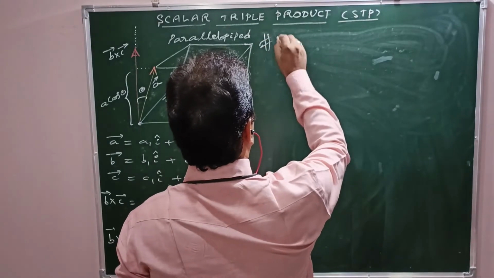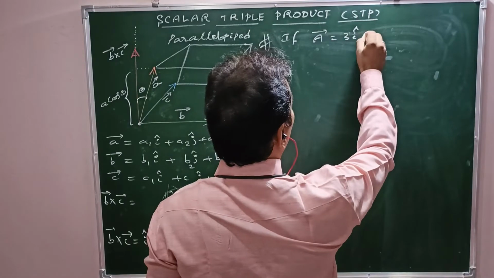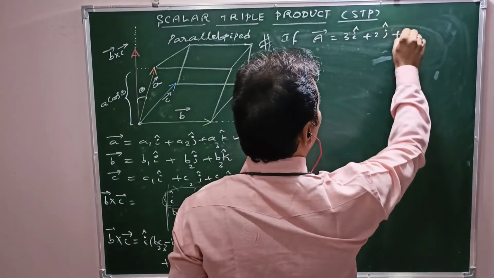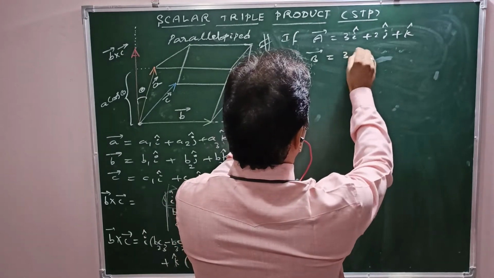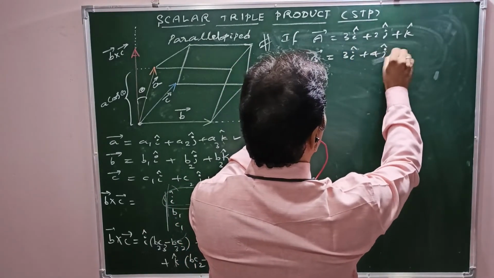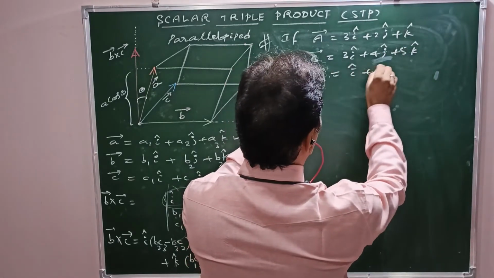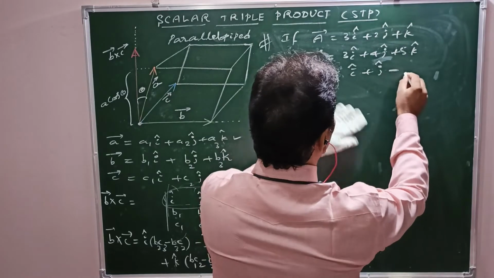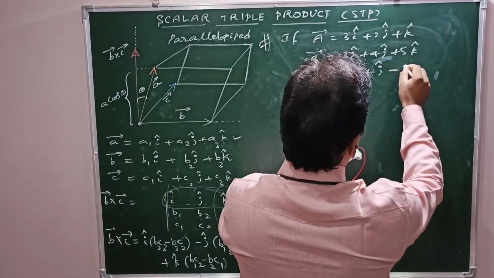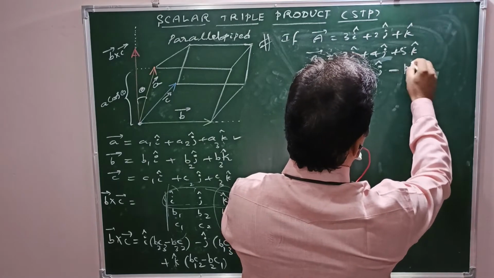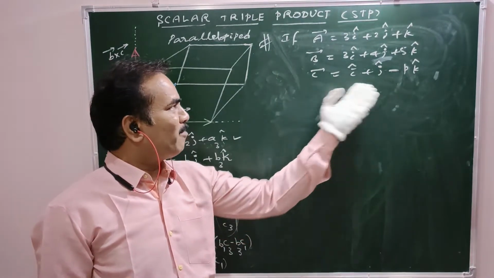Suppose for a numerical, A bar equals 3i plus 2j plus k, B bar equals 3i plus 4j plus 5k, and C bar equals i plus j minus pk. See, A bar is so and so, B bar is so and so, and C bar is so and so.